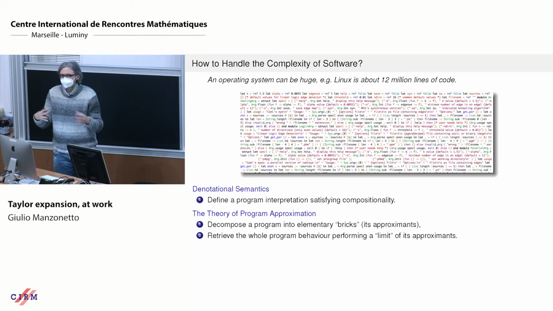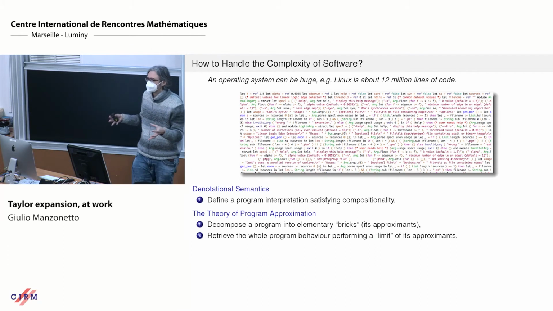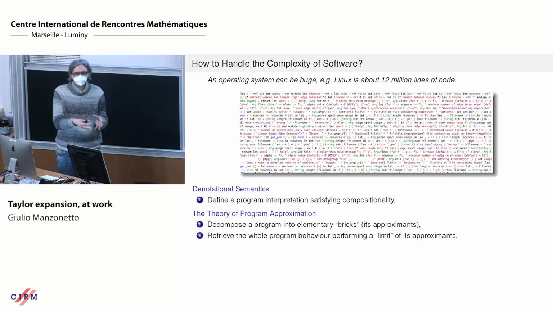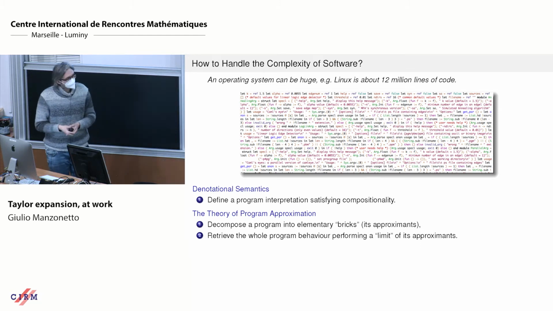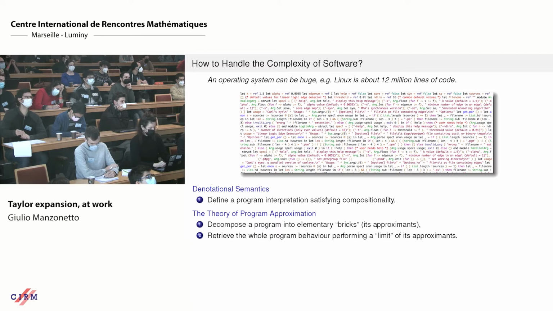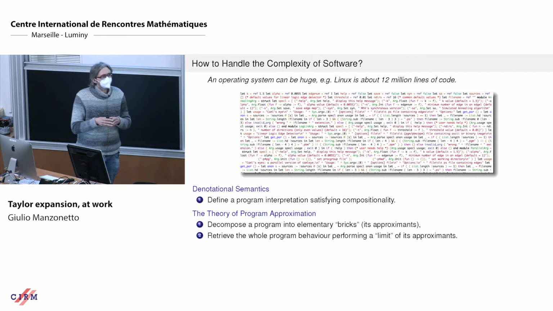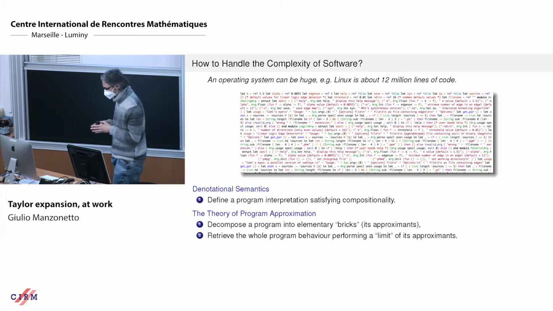And the idea is that since this structure is more abstract, we can then apply mathematical tools to study the programs and the properties of the programs. And this must be compositional, so that if I specify the meaning of the primitives of the program, then I can reconstruct the meaning of the whole program.